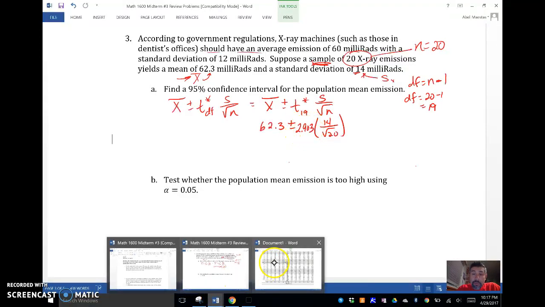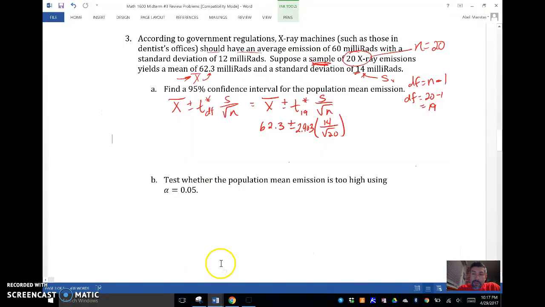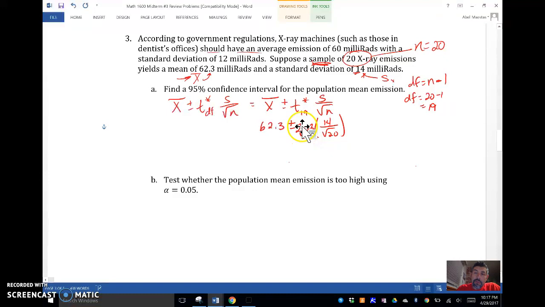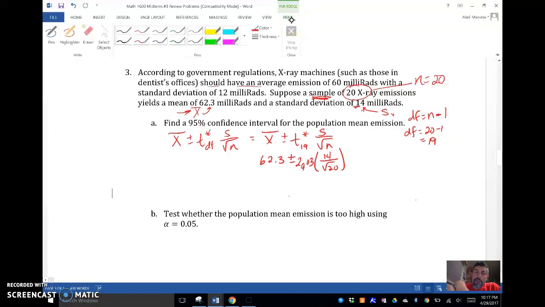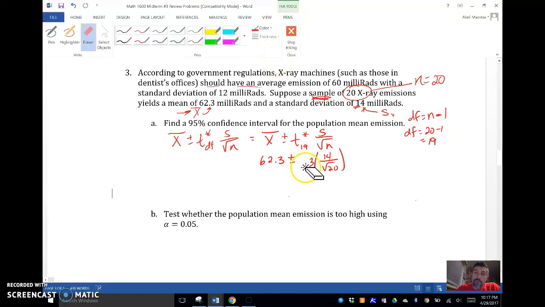Let me make sure I was right on that. 2.093, whew. Tell you guys, it's late. Oh goodness. Oh, come on. I'm sure you're getting a kick out of that at home.